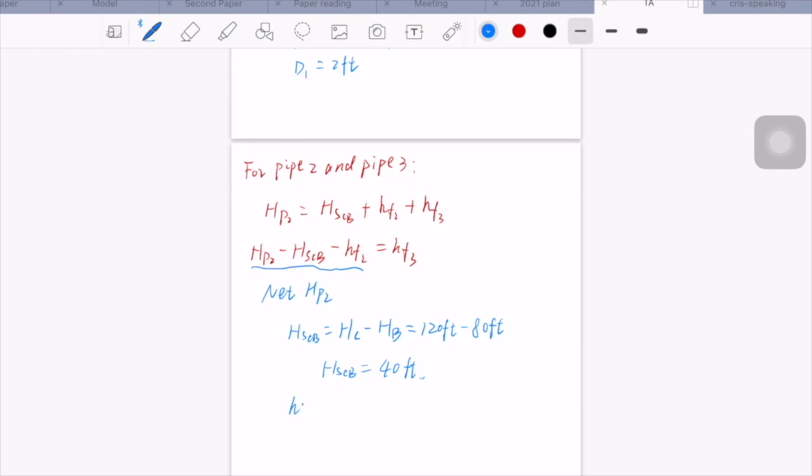And HF2 equals K2 times Q squared, and K equals 0.0252 times f times L over D to the power of 5.